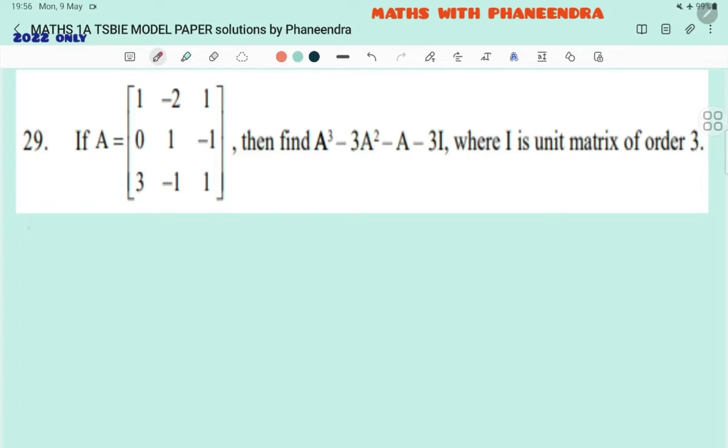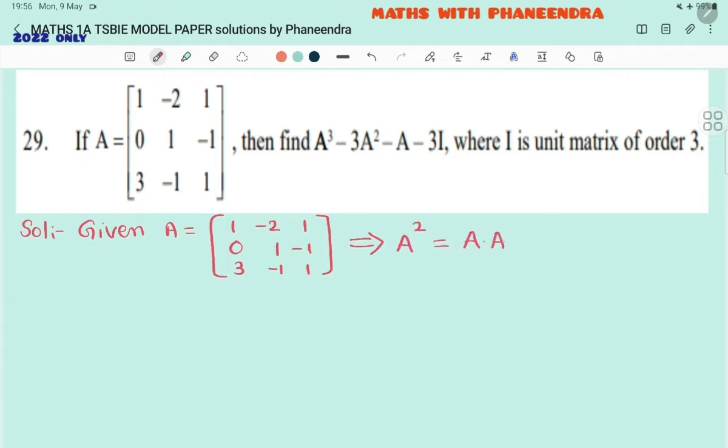So first, given A is equal to [1 -2 1; 0 1 -1; 3 -1 1]. Next you have to calculate A square. A square means what?